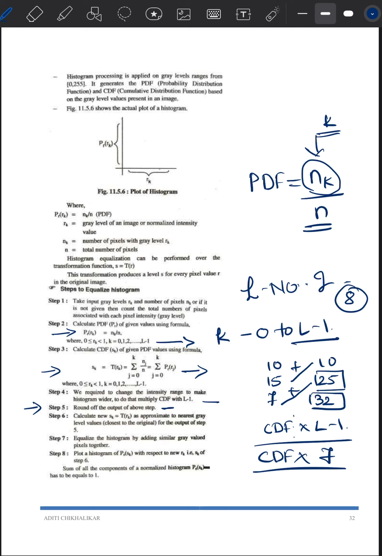Once that is calculated, we calculate the new SK. How do we calculate the new SK? So whatever is our round off answer, we try to figure out what is the new value of intensity and what is the old value of intensity.